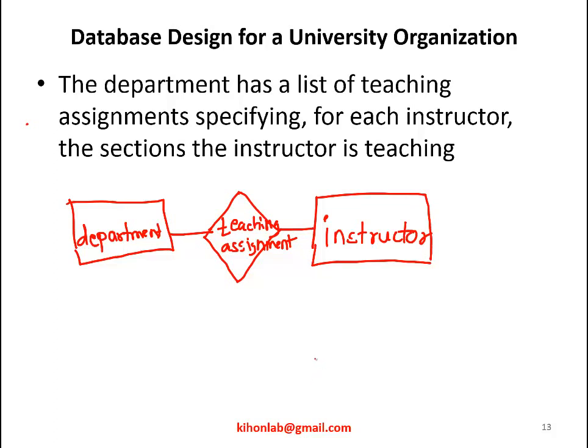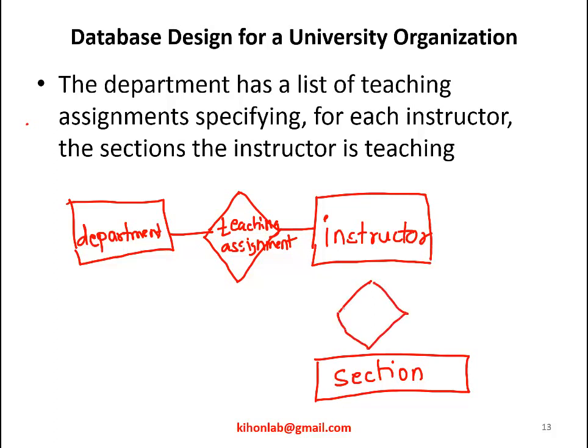So between instructor and section, again there is a relation developed, and it could be represented by this rectangular box. Again, as we go into detail, we get the relationship set and its attributes. So instructor teaches section. So the verb is identified by the relation.